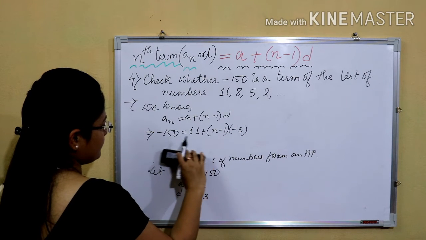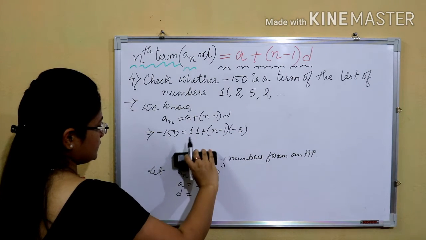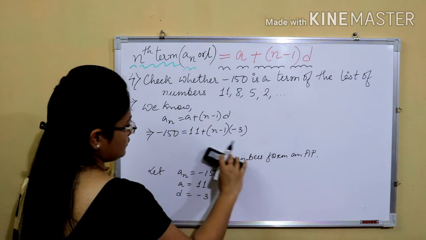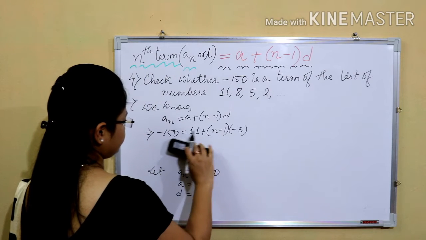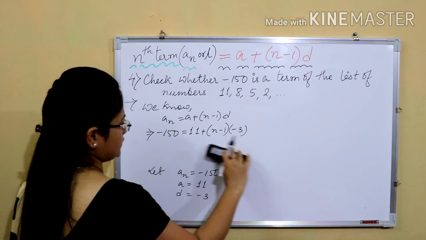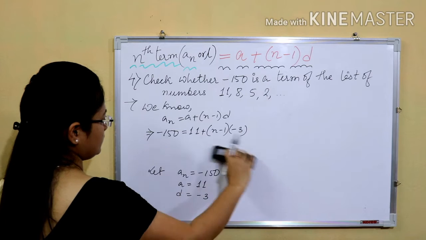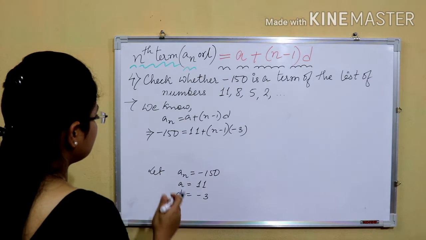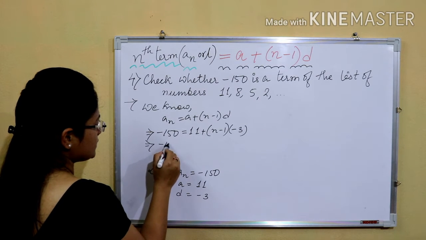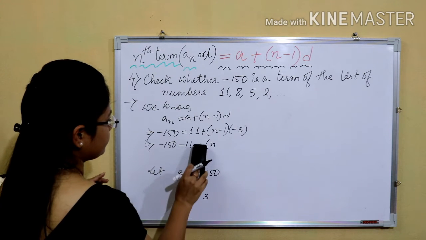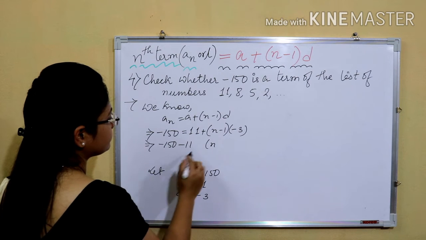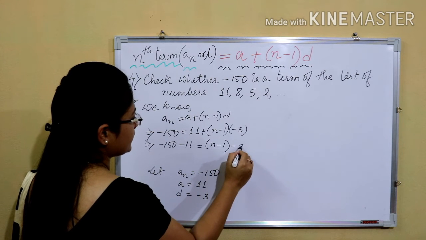Here n is the number of terms, and this n should be a natural number. So minus 150 equals 11 plus n minus 1 times minus 3.